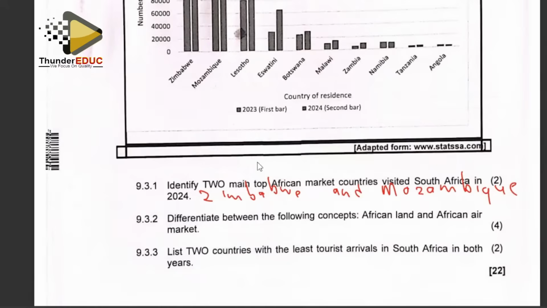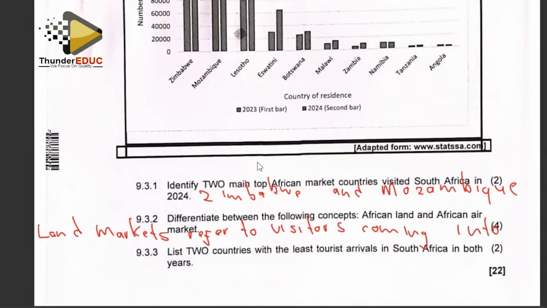So when we are looking at land markets, they refer to visitors coming into the country through land borders.